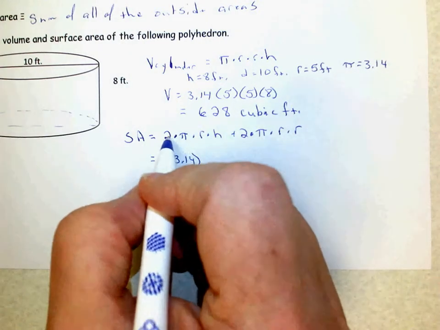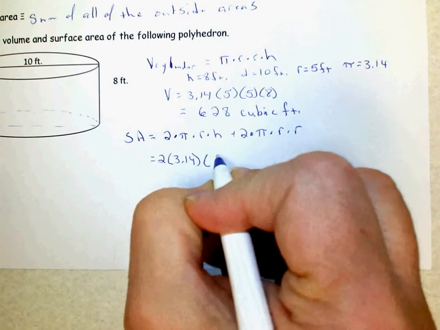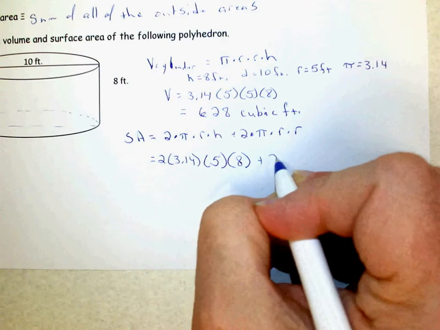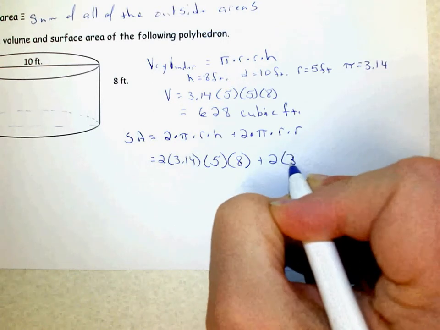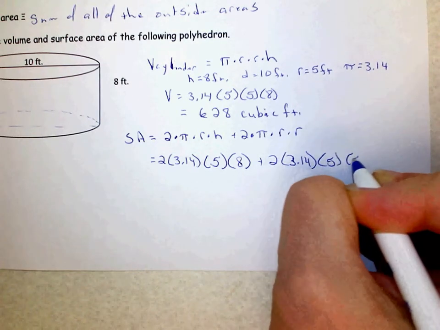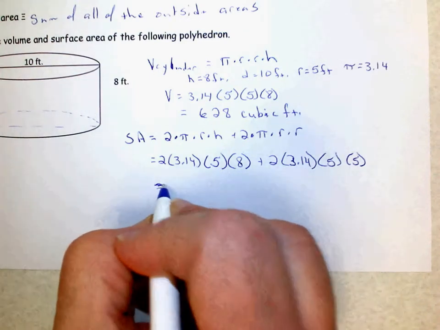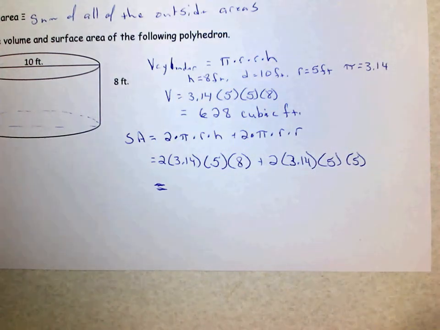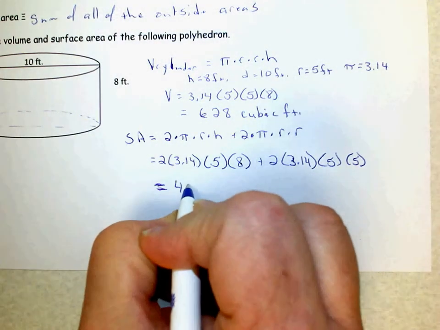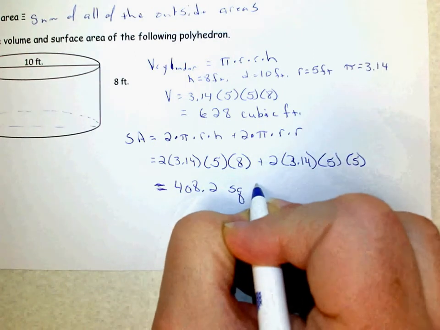So 2 times pi times our radius, which is 5, times our height, which is 8, plus 2 times 3.14 times radius times radius. When we throw this into the calculator, we get 408.2. And again, area is square feet.